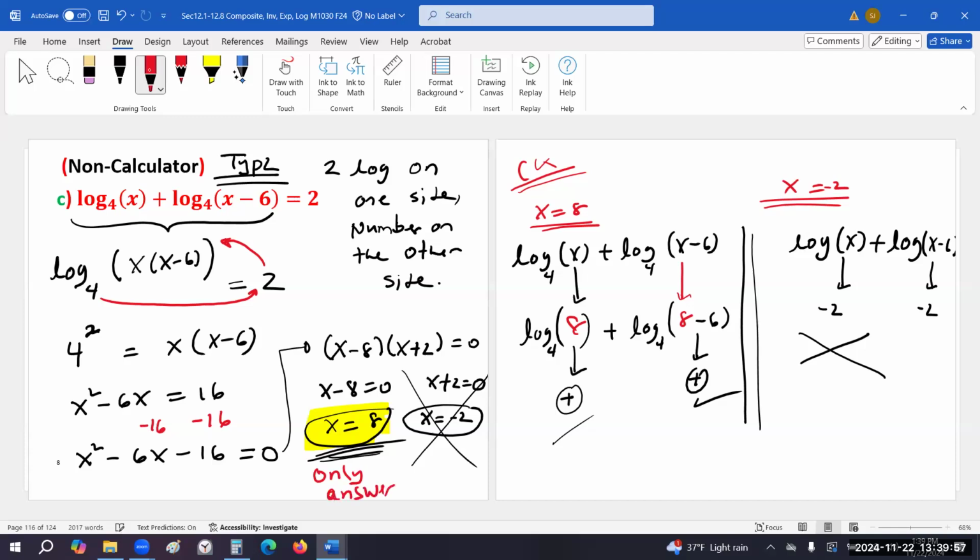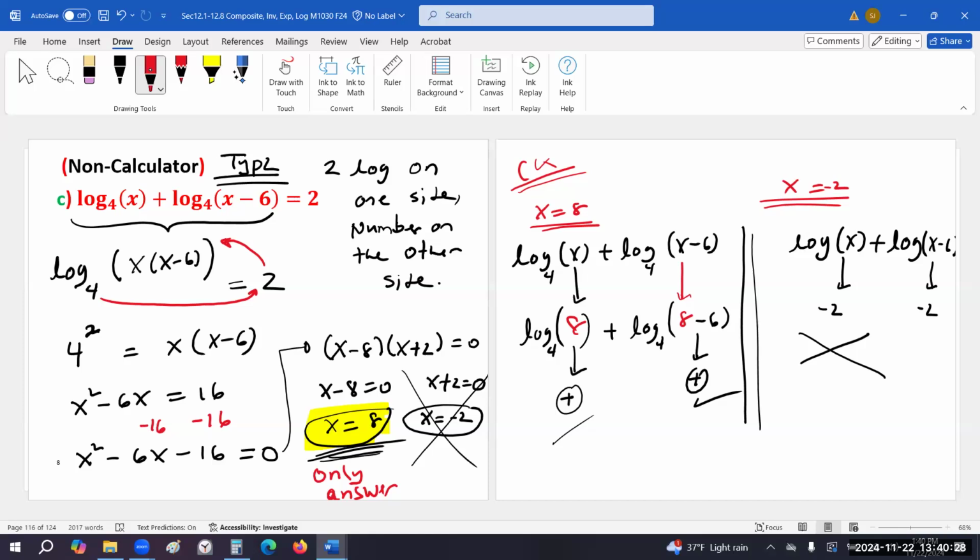To save yourself time, if you get x variables that are negative, that means not acceptable. Not always true. You have to see the argument. Here x is alone, so we can see negative means not acceptable. But if you don't have x alone, let's say you have x plus 1, and you have -2, how can you know it's not acceptable if you don't do -2 plus 1?